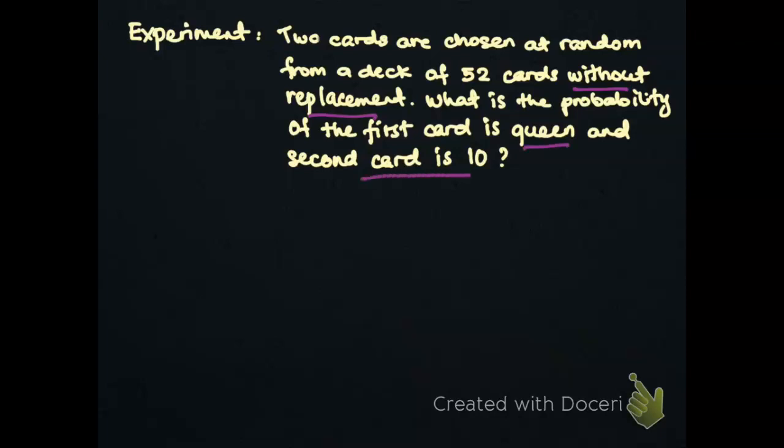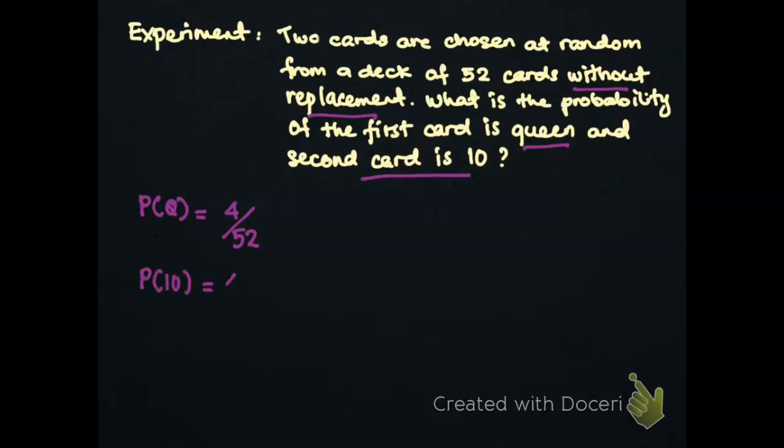So in a deck of cards, the total number of queens is 4/52. There are 4 queens. You have 2 red queens and 2 black queens. For tens, you will also have 4 cards with the number 10. So here I will put it as P10.